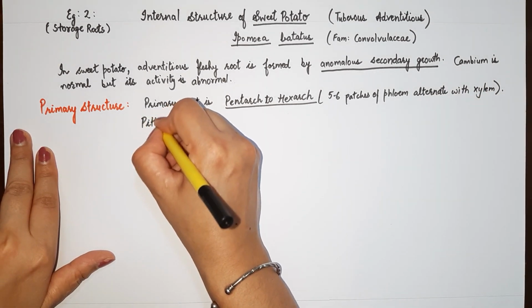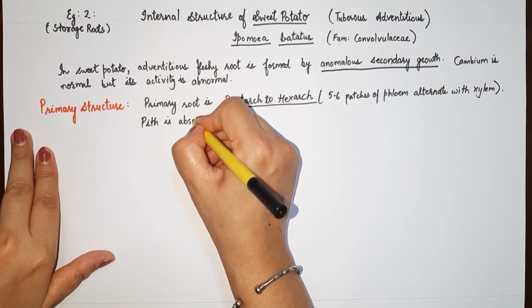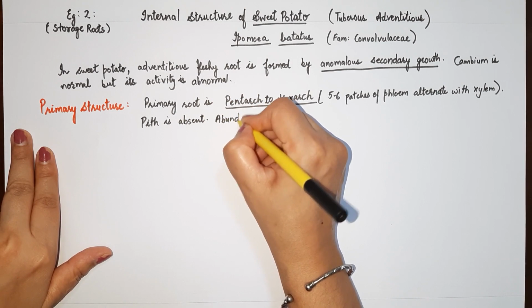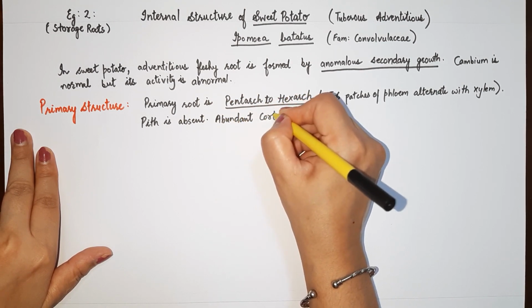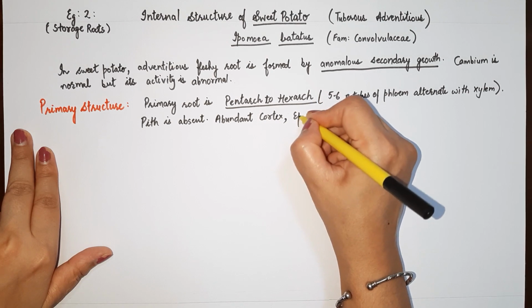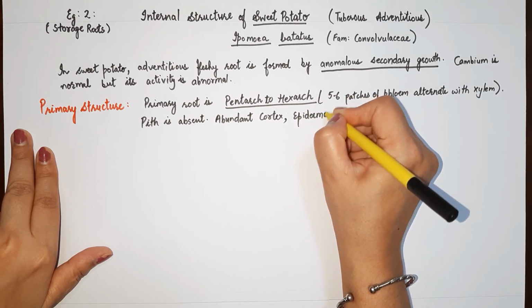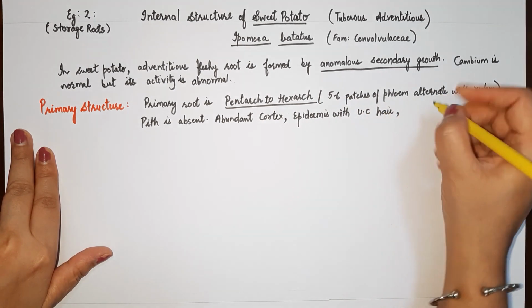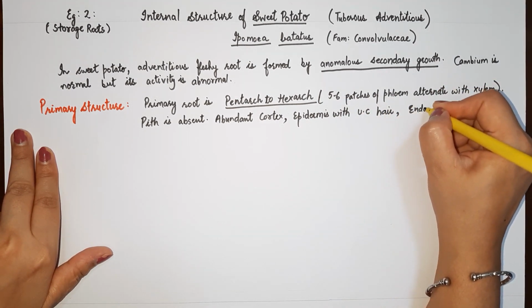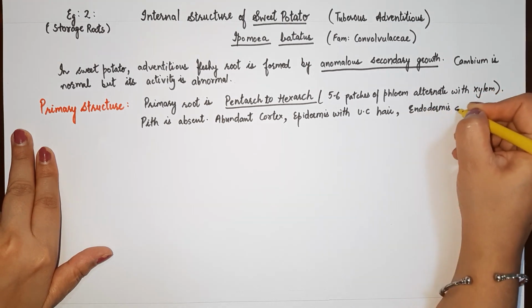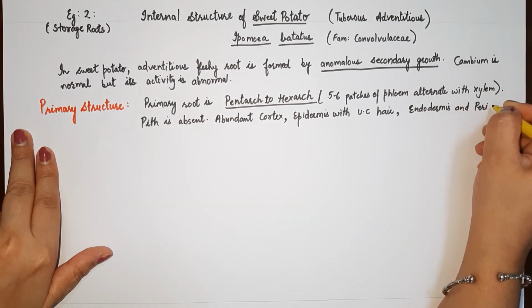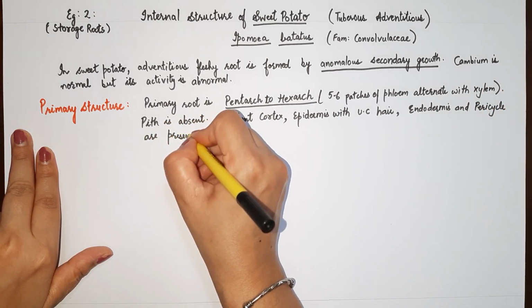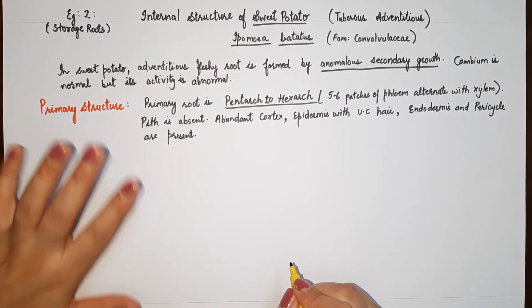Pith is absent. Abundant cortex. Epidermis with unicellular hair. Endodermis and pericycle are present. So, this is the primary structure.